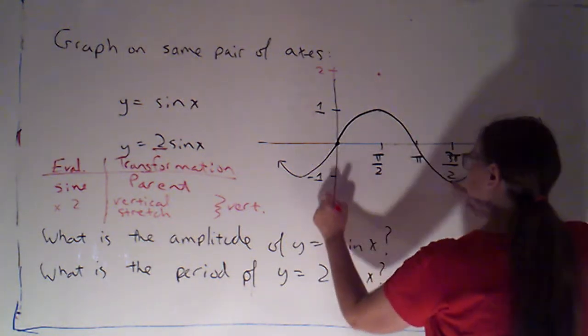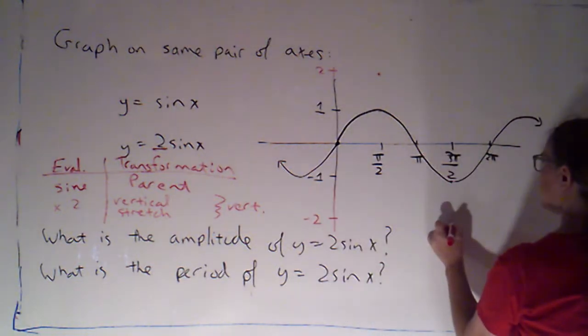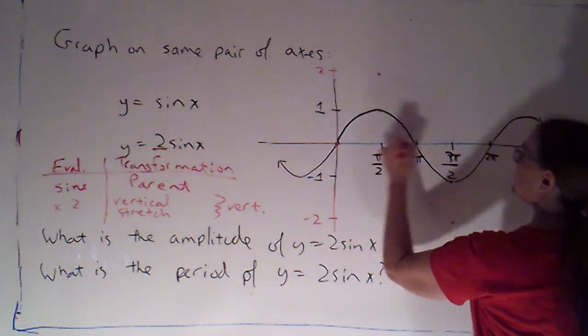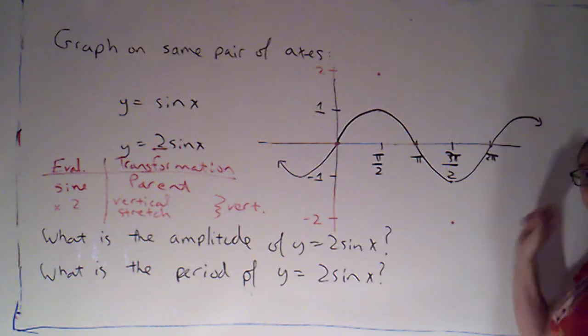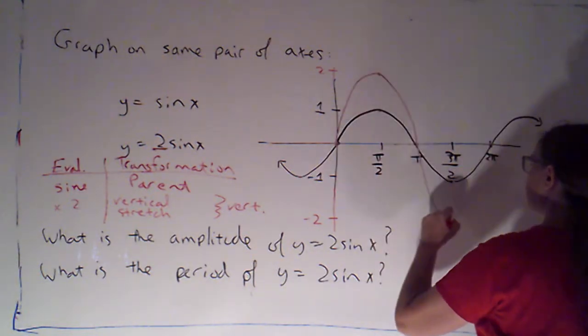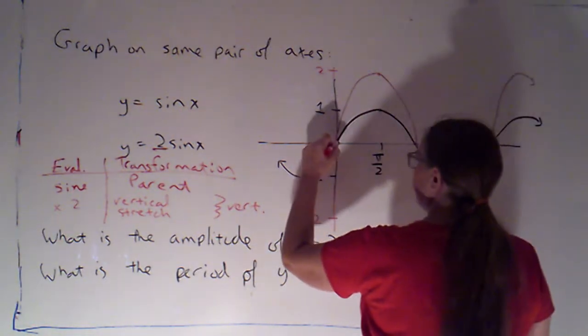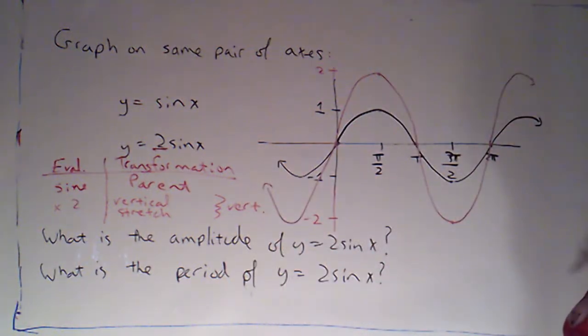This point was at a low of -1. Doubling that will bring it down to -2. And then 0 will stay at 0. So I plotted the 5, what I call important points for one period, and I connect the dots, and we can see this is in fact a vertical stretch. We've simply made everything twice as high as it was previously.